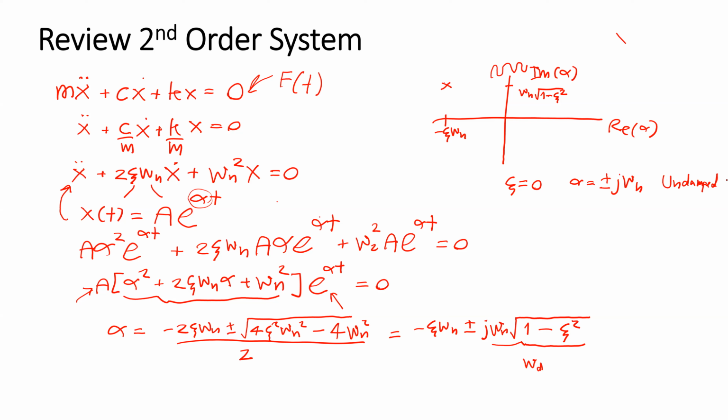But if the value of the damping ratio is between 0 and 1, the root will have the real part minus zeta omega n, and the imaginary part.